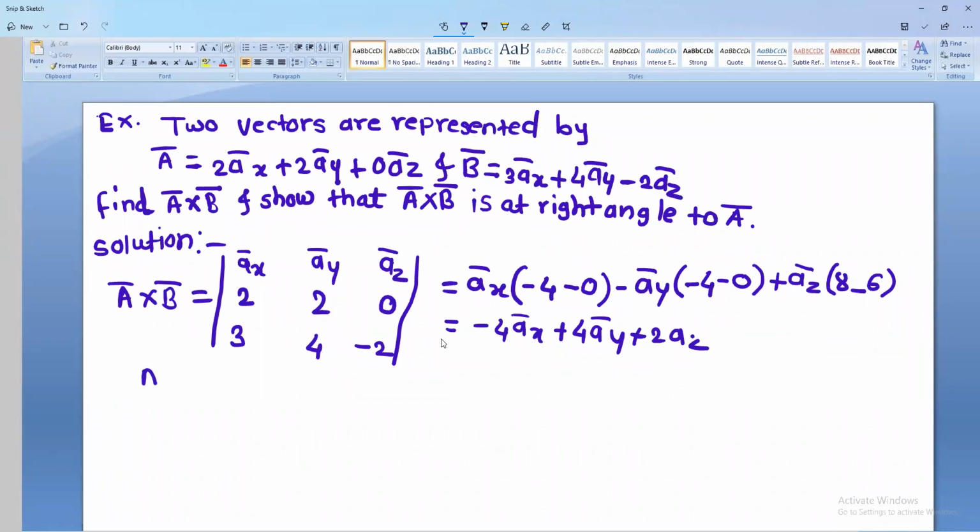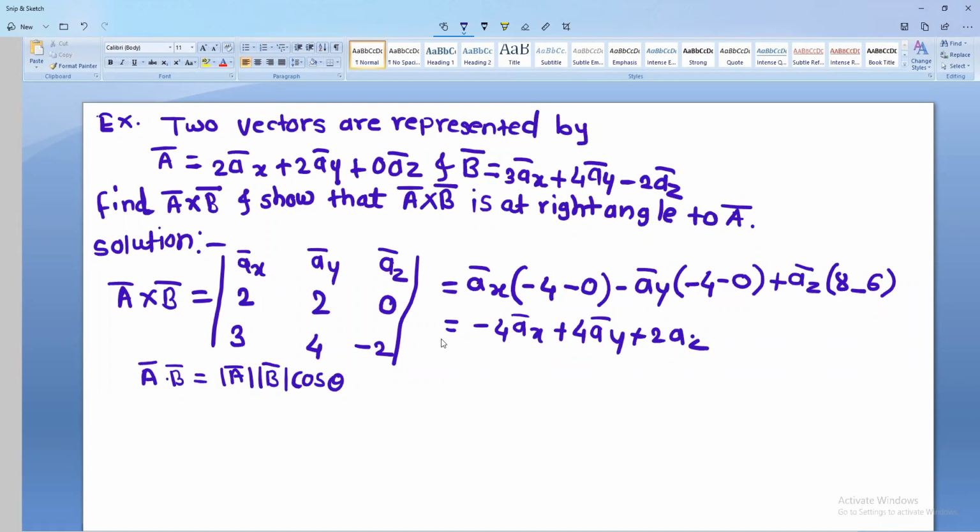If we take the dot product, what is the formula? a bar dot b bar is equal to mod of a bar mod of b bar into cos theta. If I take the cross product, there is no problem, but we have to consider the normal unit vector also.